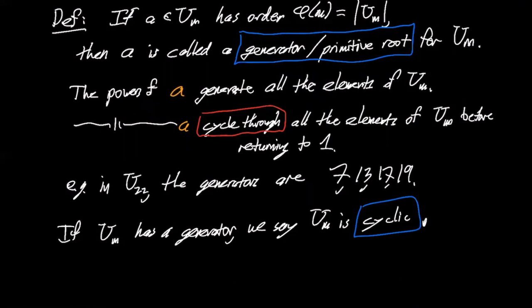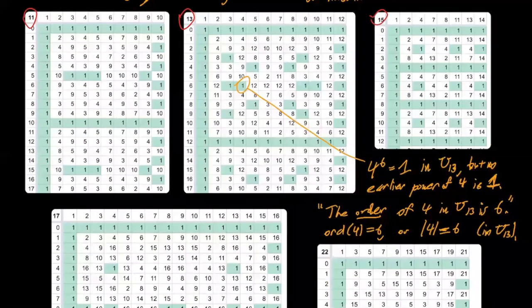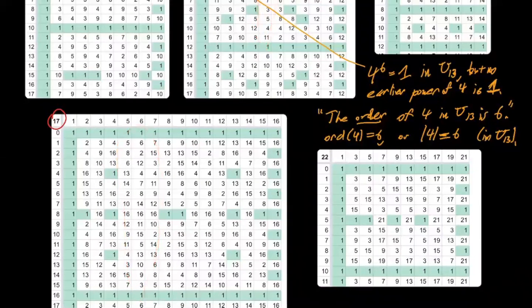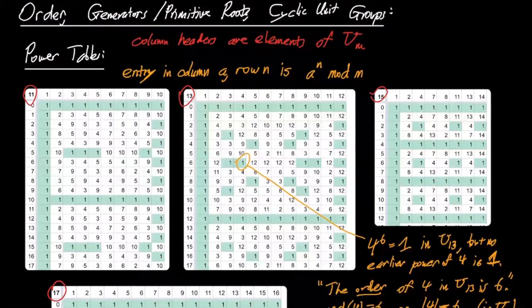Okay. So we'll notice if you look back at the power tables, all the data, but especially up here, that 11, 13, 17, those are all cyclic. U11 is cyclic. You know, here's some generators. U13 is cyclic. U17 is cyclic. U22 is cyclic. U15 is not cyclic. If you look at this table, there's no column that generates all of these numbers before getting back to 1.